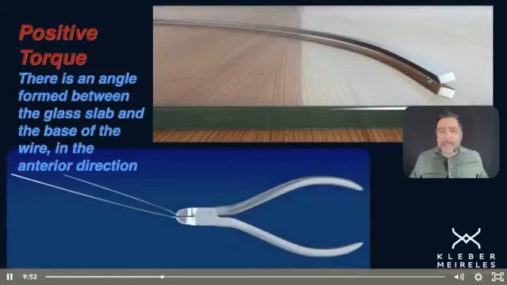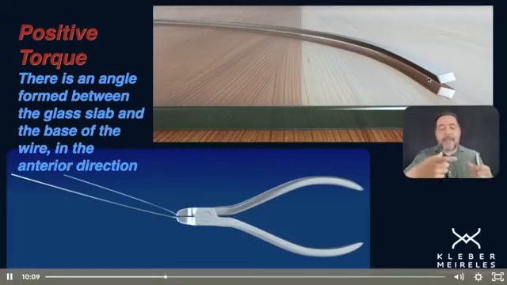So this always will depend on the inclination of the teeth and in which arch you are inserting the torqued arch. Positive torque is the opposite, of course, and if I'm giving the upper a negative torque and I invert the position of the wire, I'm giving a positive torque.